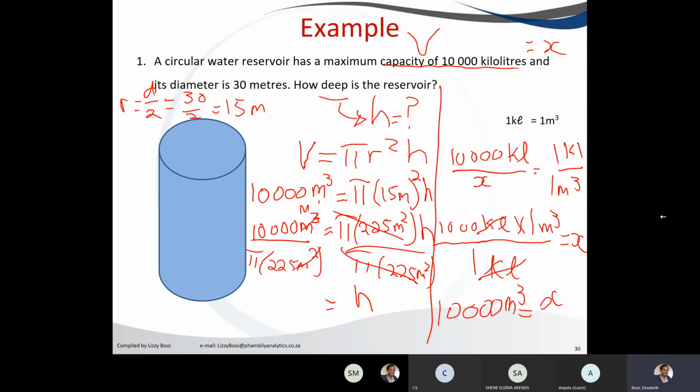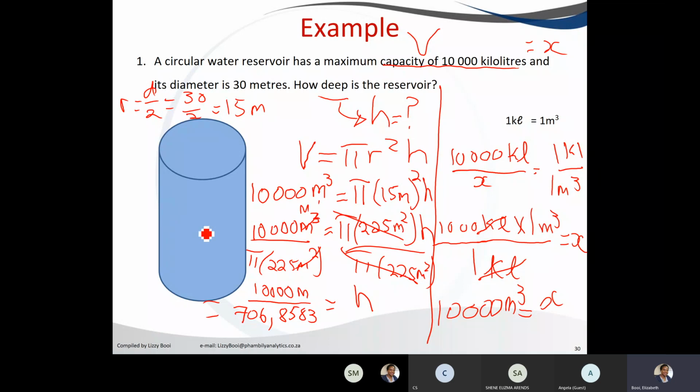So what is at the bottom is pi times 225, which gives us 706.8583. So this is 10,000 meters divide by 706.8583, and we get the answer that we've been looking for.